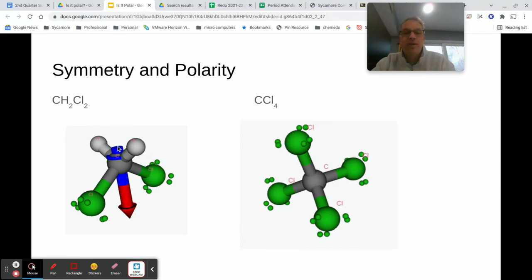It's trying to show us that one side is kind of negative. The more electronegative chlorines are pulling the electrons down. One side's kind of positive. Over here, no dipole, right? So it's something we can check. Now, you'll have to do this without the help of Atom Smith, but Atom Smith is nice. You just click on that button and it'll show you the dipoles.